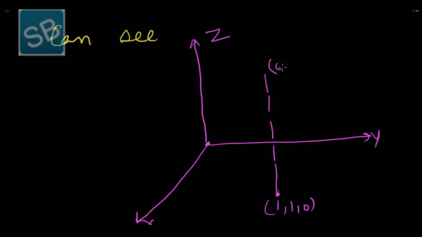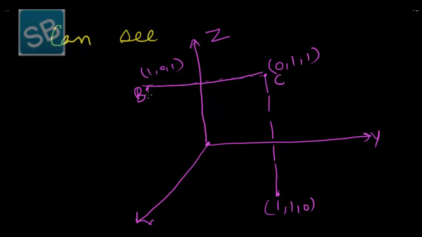So y is the same. That is in the YZ plane, that is point C. And the point 1, 0, 1, where the Z component is the same, is point B.